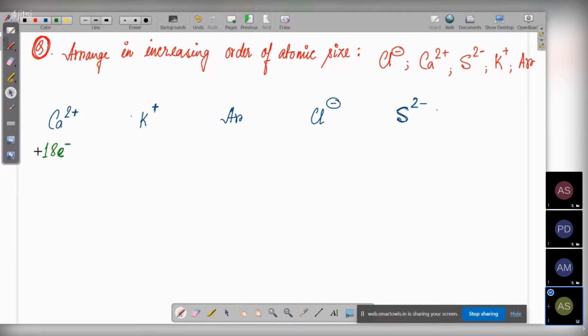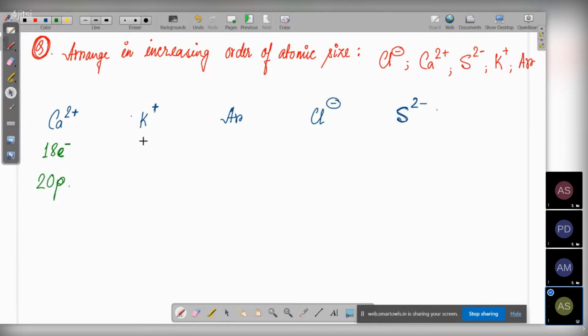The number of electrons equals the number of protons, so there are 20 protons. A proton is present inside the nucleus and cannot be given up. So there are 18 electrons and 20 protons.